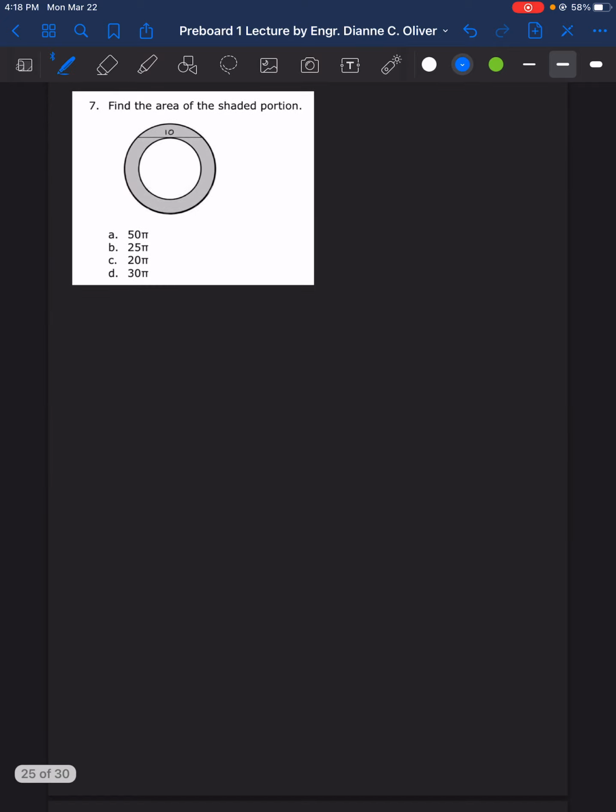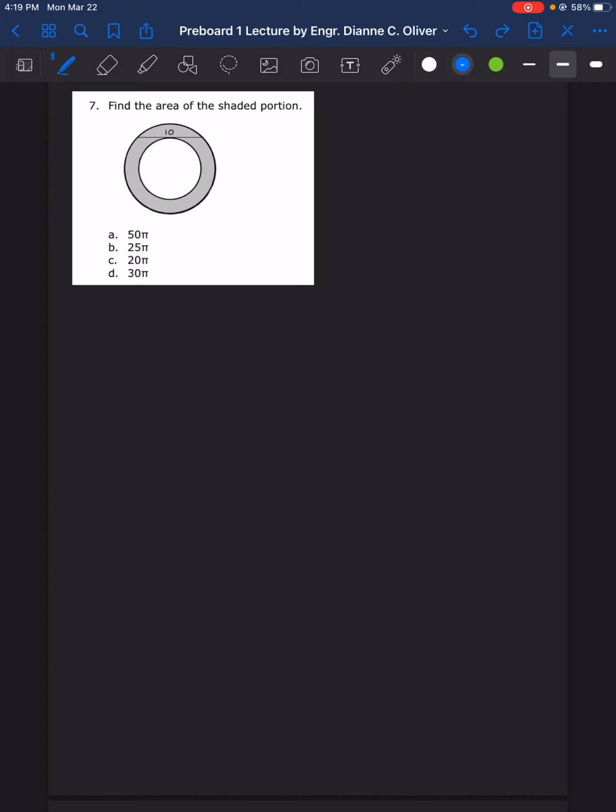Next, let's go to number 7. Find the area of the shaded portion here. A, 50 pi, B, 25 pi, C, 20 pi, or D, 30 pi. I find this actually tricky, but finally I was able to find the right solution.